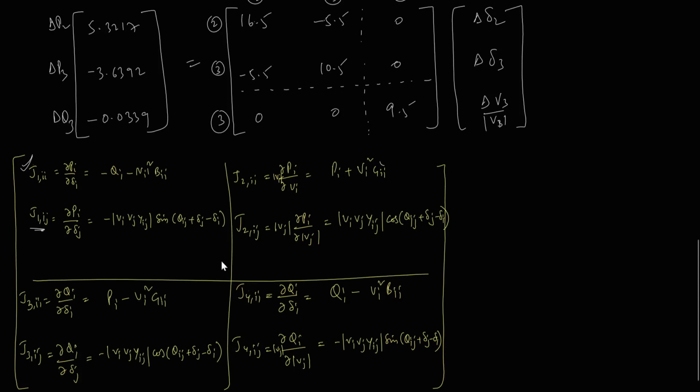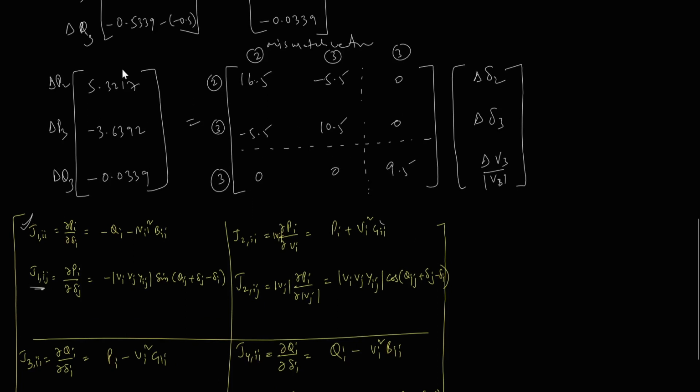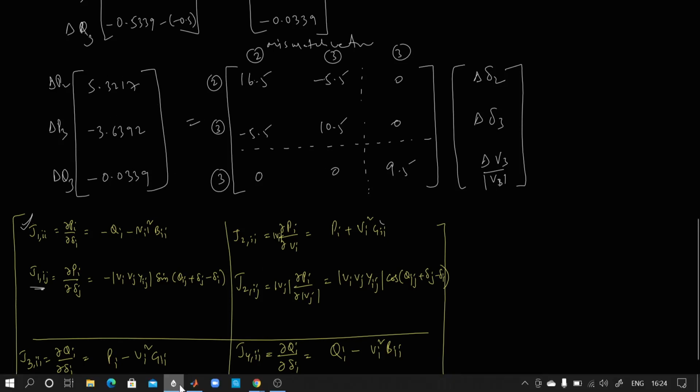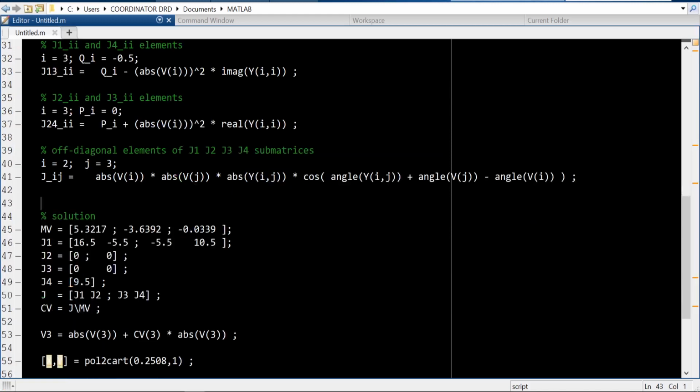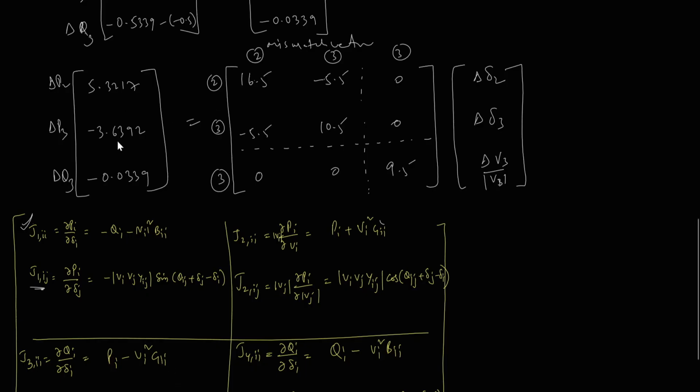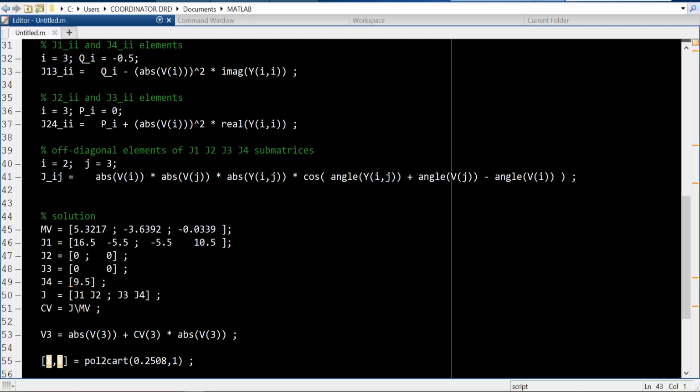Once you have this Jacobian matrix and also the mismatch vector, the only thing left is to calculate this correction vector. What I have done is directly define these vectors and matrices in MATLAB. The mismatch vector has 3 entries: 5.3217, minus 3.6392, and minus 0.0339.